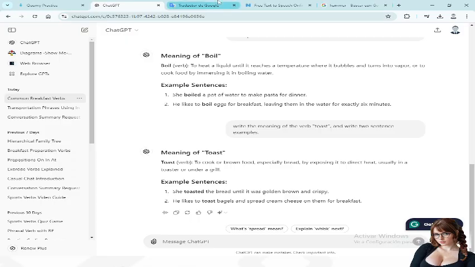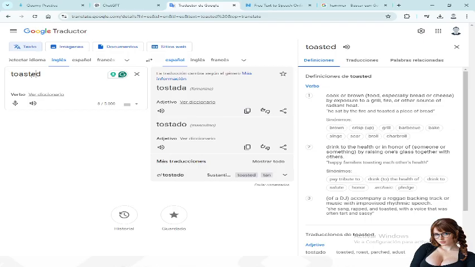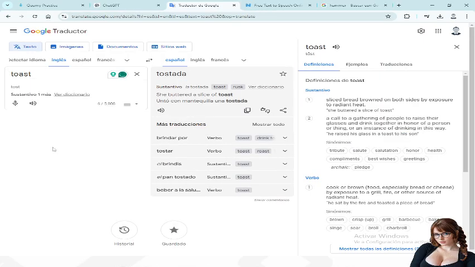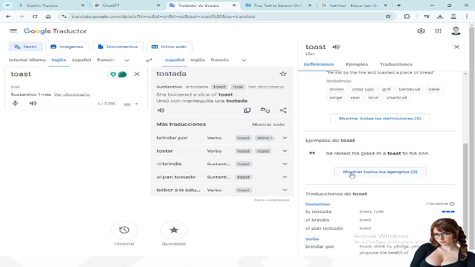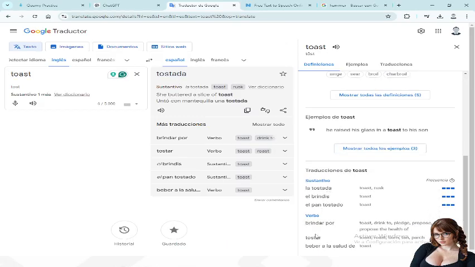Toast. We have the verb here. I think that this is the correct translation to Spanish.